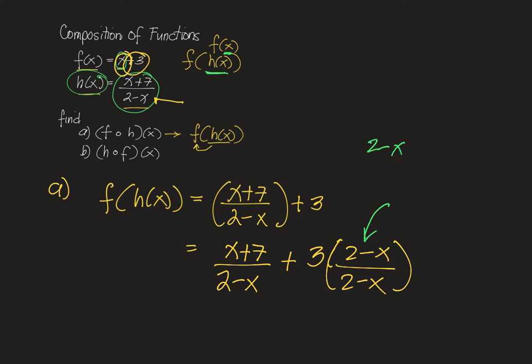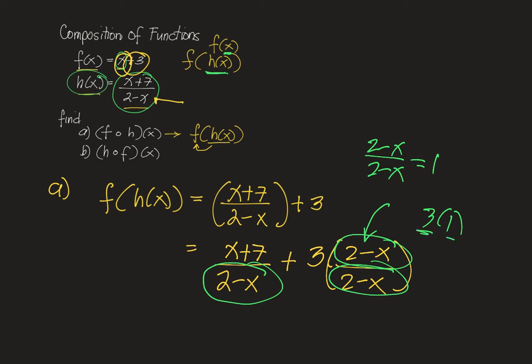Because 2 minus x over 2 minus x is equal to 1. So that 3 times this is basically 3 times 1. So we're not changing the expression. That's what you do whenever you have a fraction and a number to combine. Just use that denominator as your numerator over the denominator, because technically you are multiplying 3 by 1. When you multiply a number by 1, it keeps its value.